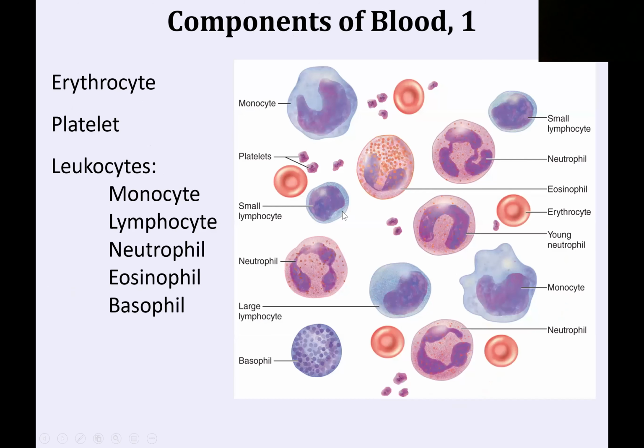All right, the components. These are all the formed elements. Formed elements are the cellular components of blood. So we have erythrocytes, which are the most numerous.